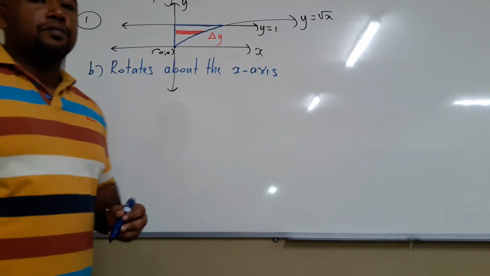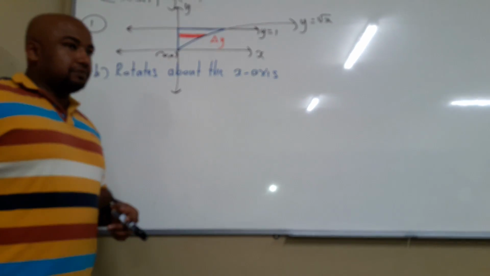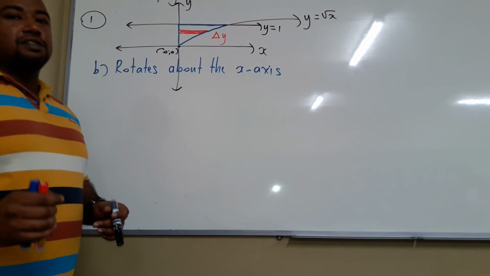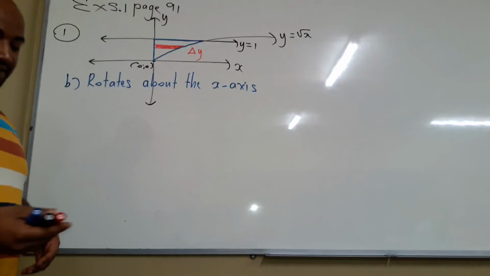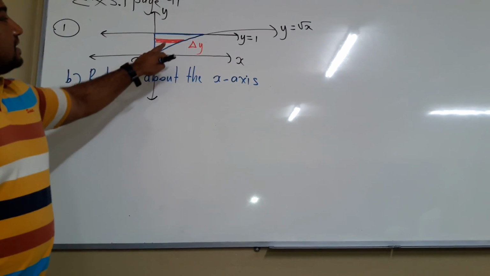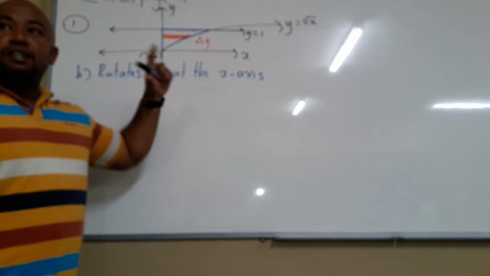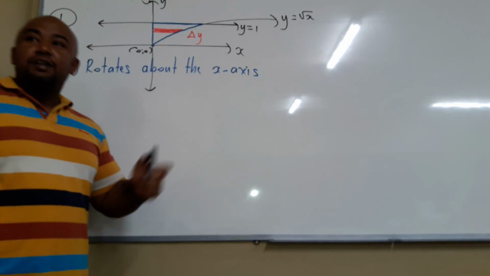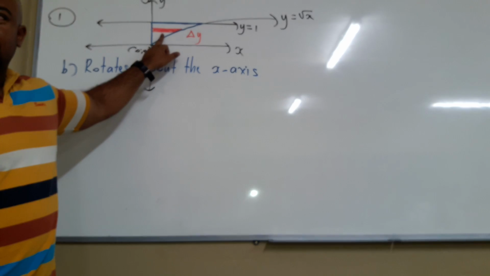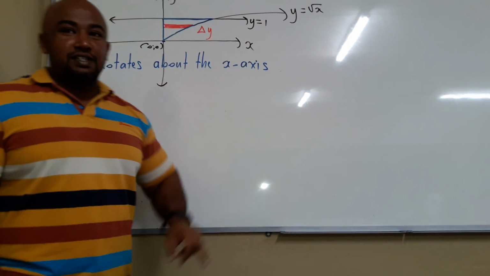Right, so yesterday we dealt with the area rotating about the y-axis. We drew our diagram. We decided to use delta y. So now we're dealing with the next question, which is rotates about the x-axis.